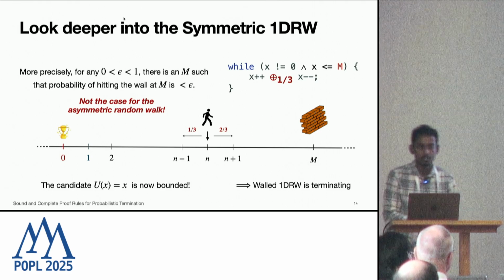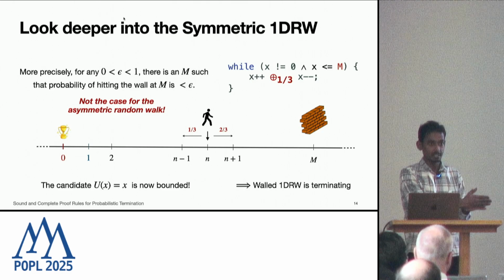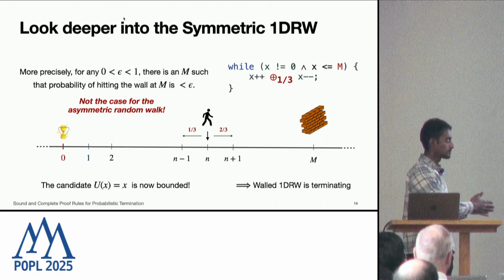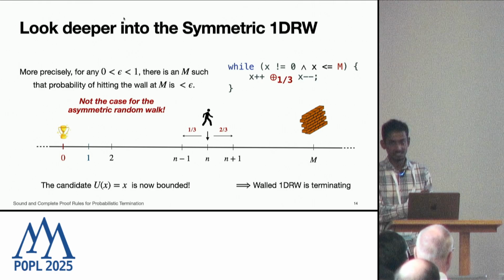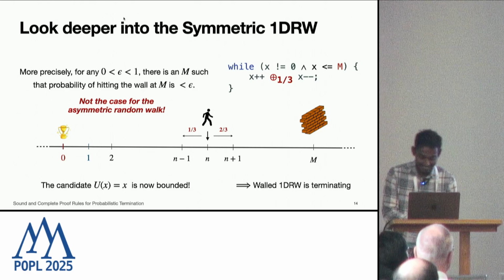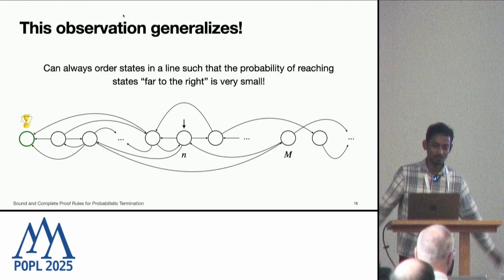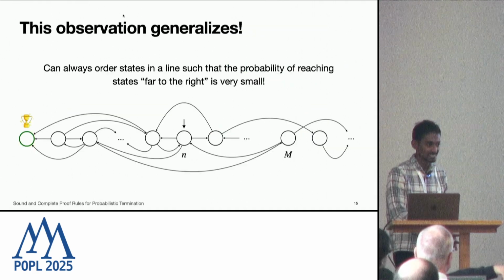We seem to have found a property that holds for a symmetric terminating random walker, but not for the asymmetric one. This is very nice. But this is not even the coolest part. The even cooler part is that this generalizes for all terminating programs.